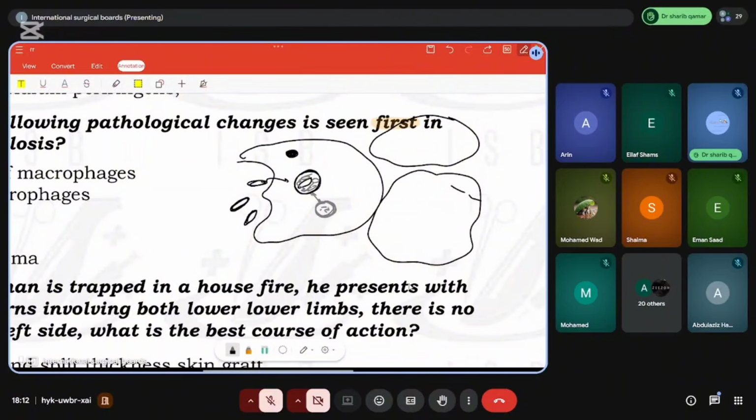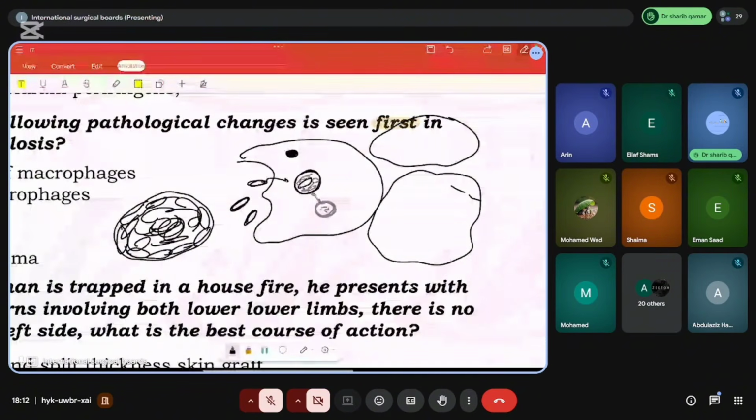So in the big picture, you will find a tubercle with many densely packed macrophages. These are called epithelioid cells. And the center is not necrotic yet; in the beginning, it's not necrotic. Some of these densely packed macrophages fuse with one another, forming giant cells.